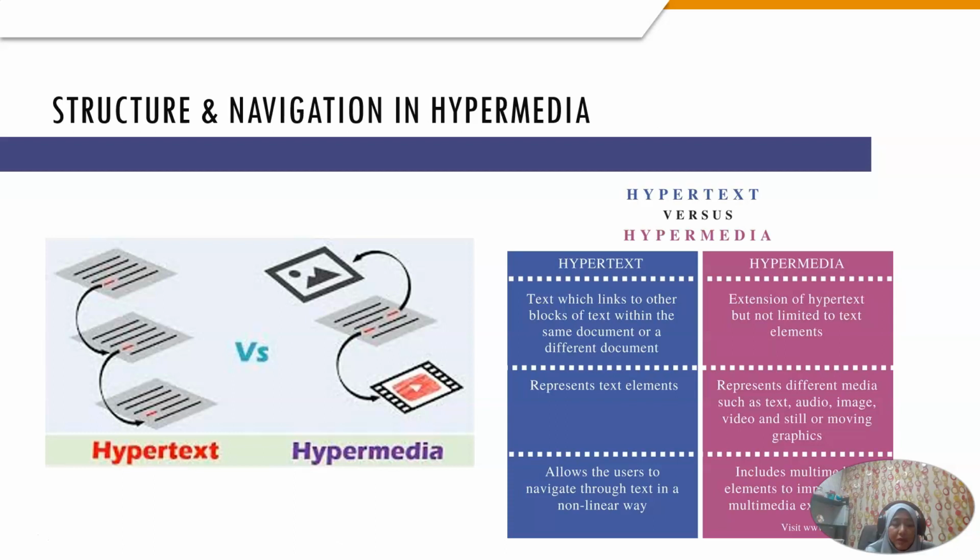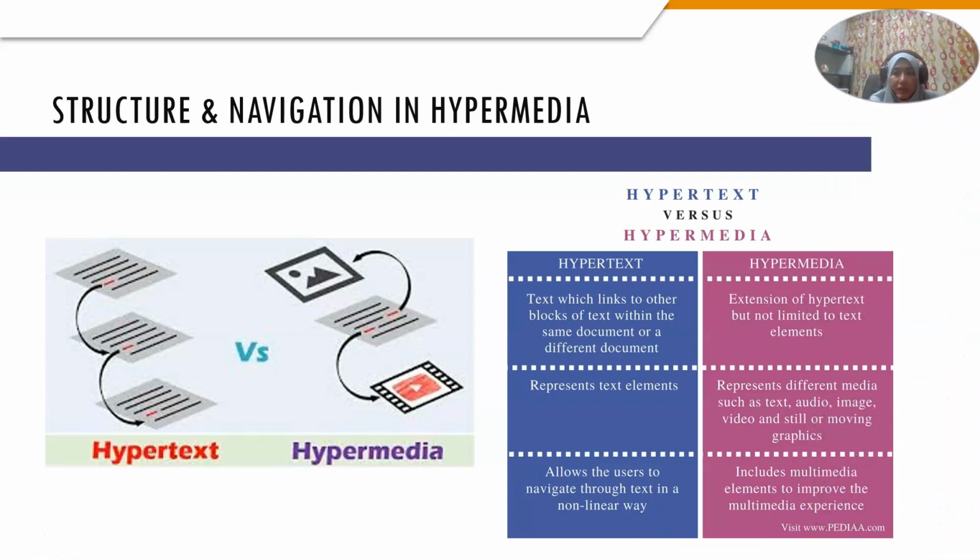When we talk about hypermedia, it is related to the interactive element. If you look at this diagram, we have hypermedia, which is a combination of different media. We also have hypertext, where you use text to link to other documents or pages.